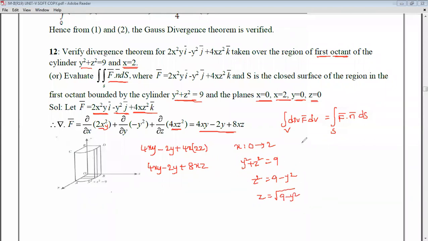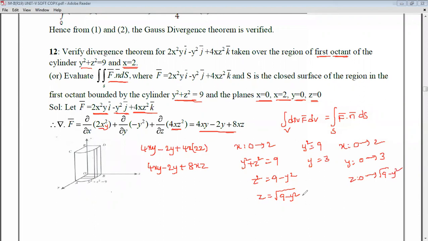For the y limits, put z is equal to 0, then y square is equal to 9, so y is equal to the square root of 9, which is 3. So the limits are: x is from 0 to 2, y is from 0 to 3, and z is from 0 to the square root of 9 minus y square. These are the limits of x, y, z.